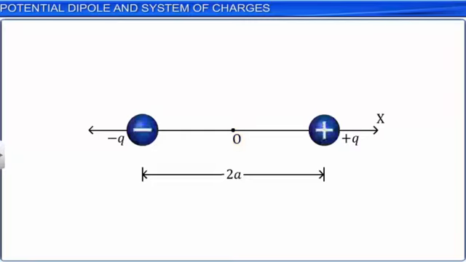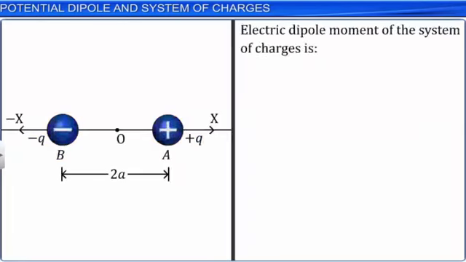The charge +Q lies on the positive x-axis at A, and the charge -Q lies on the negative x-axis at B. The electric dipole moment p due to the dipole is equal to 2aQ, and the dipole moment p points from -Q towards +Q. Let this be equation 1.